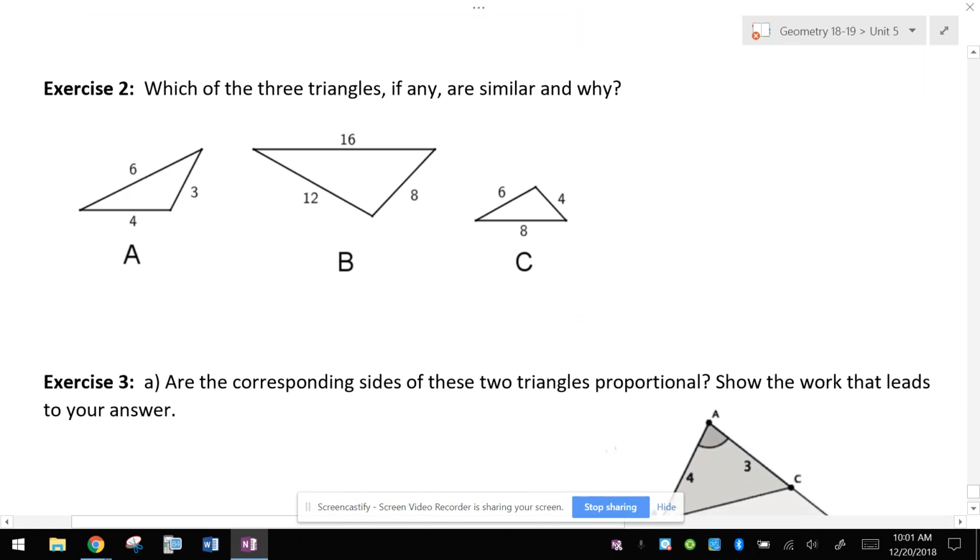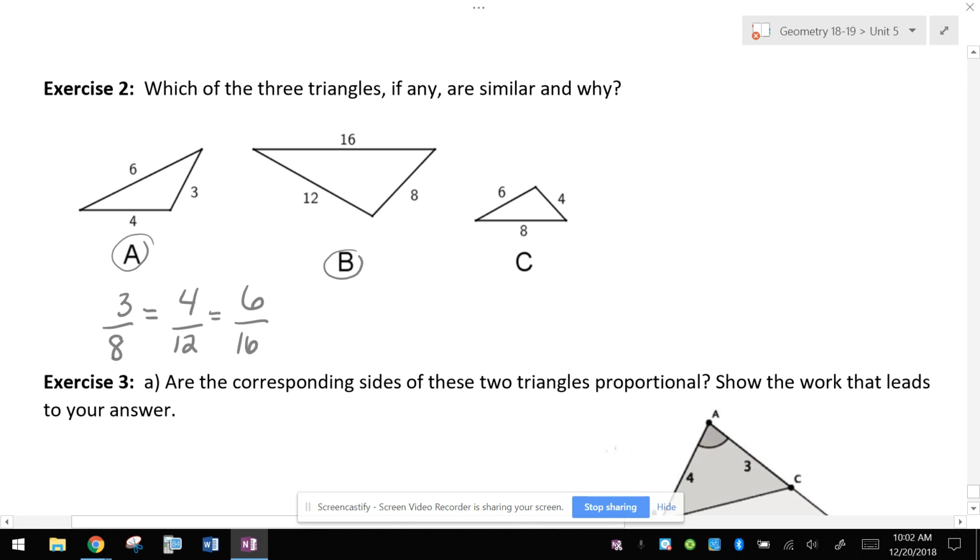So number 2 says, which of the three triangles, if any, are similar and why? If I look at A and B first, I'm going to compare short, middle, big to short, middle, big. In this triangle, short, middle, big is 3, 4, 6. And in B, short is 8, middle is 12, big is 16.